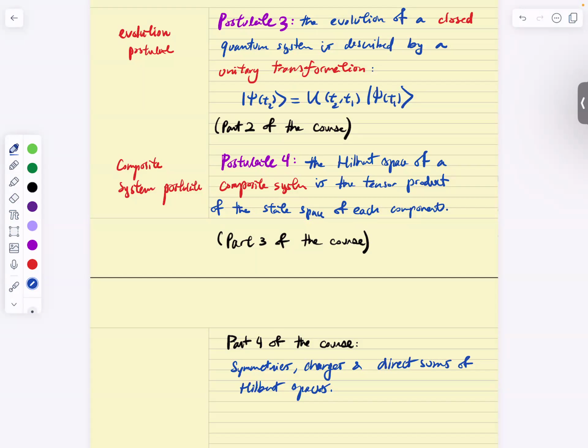So in summary, what did we go over today? We talked about going in between pictures for a wave function, for a ket alpha, describing it in the position eigenbasis or in the momentum eigenbasis, and we saw that they're related using Fourier transform.